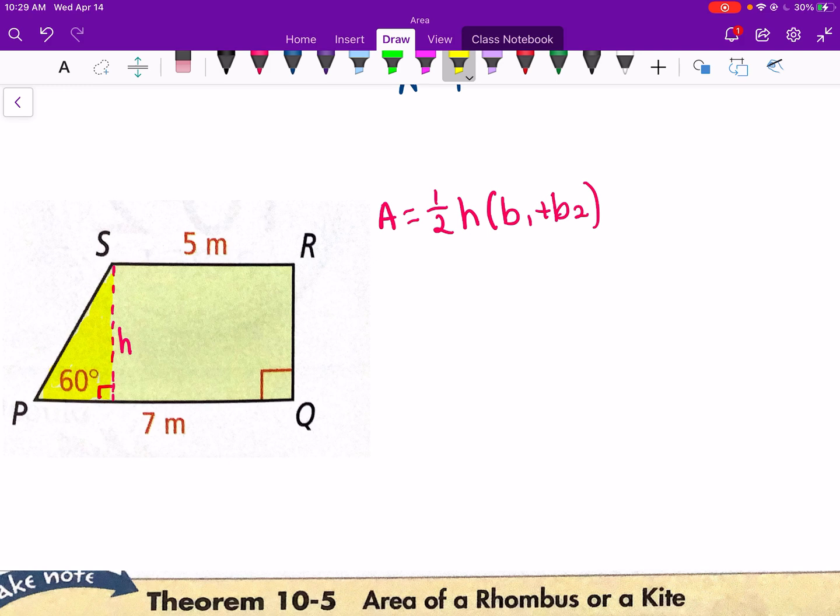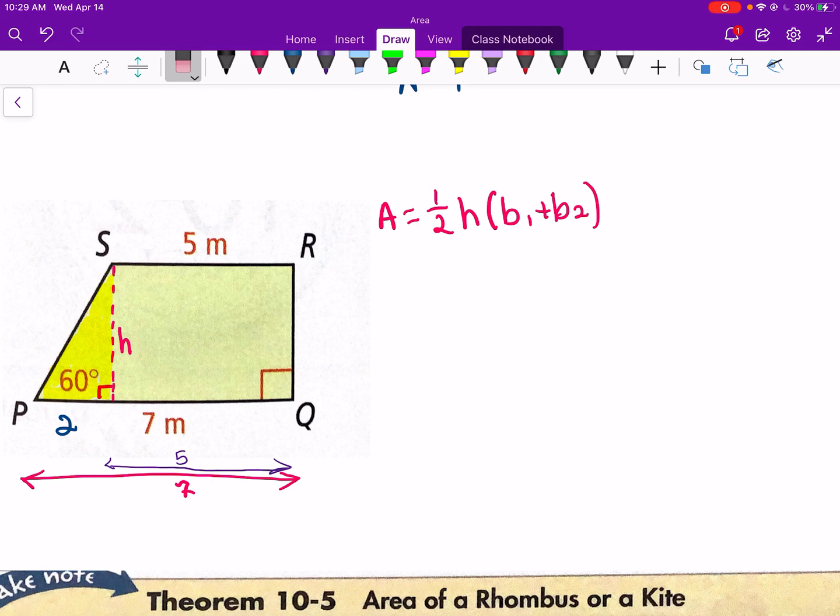So if this whole length is 7, and this length is 5, we can find this length right here by taking 7 minus 5, which is 2. So the shorter leg of our right triangle is 2, and we are trying to find h.